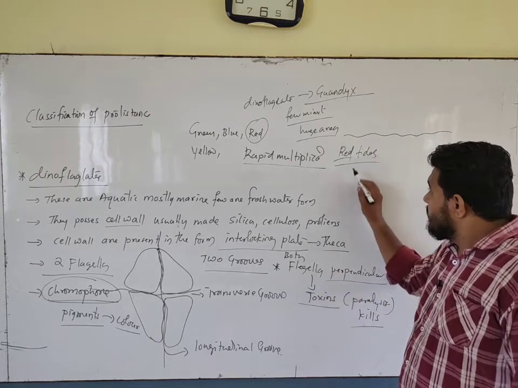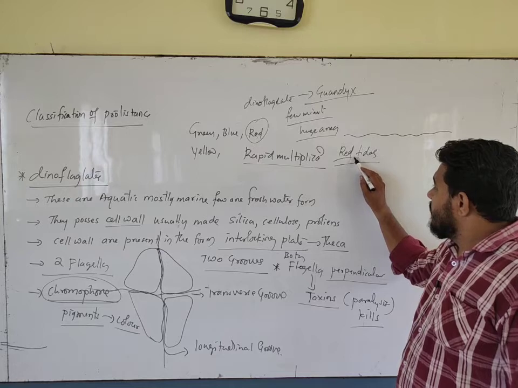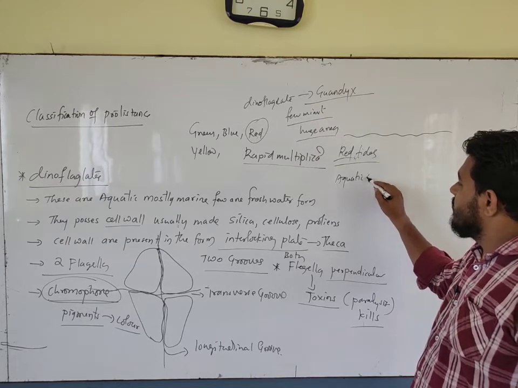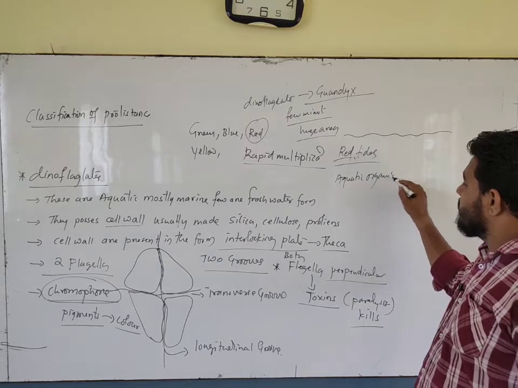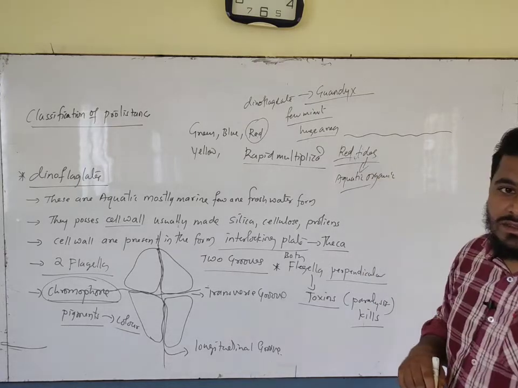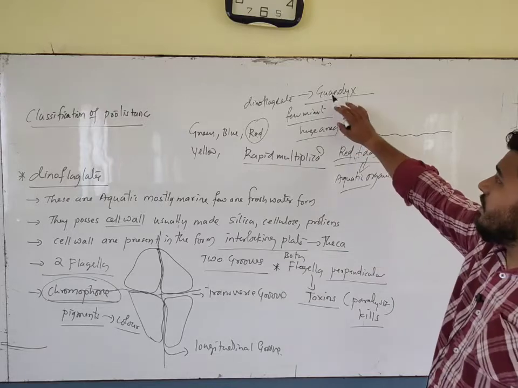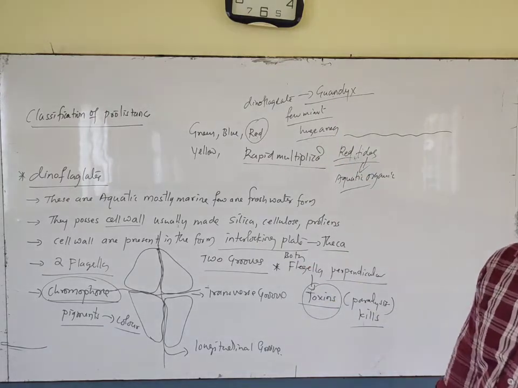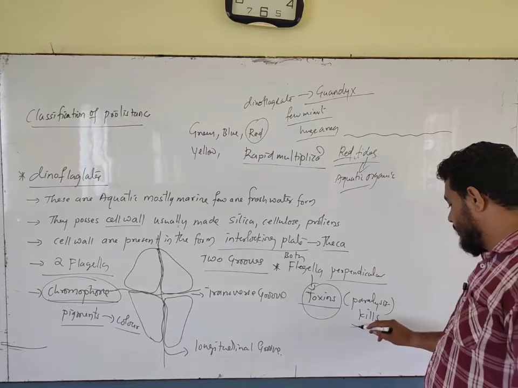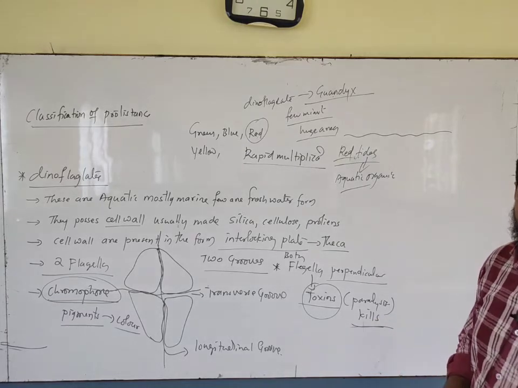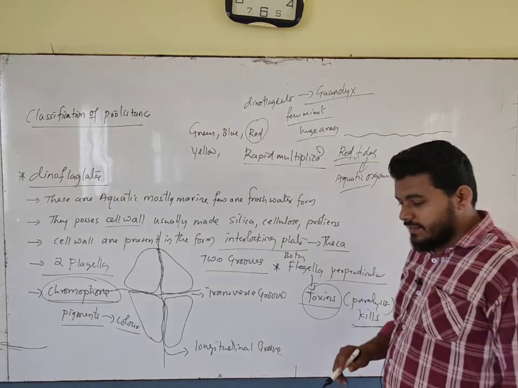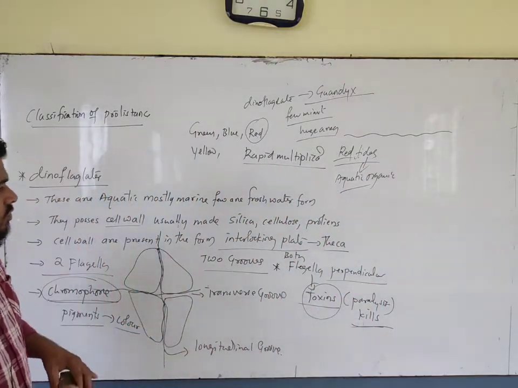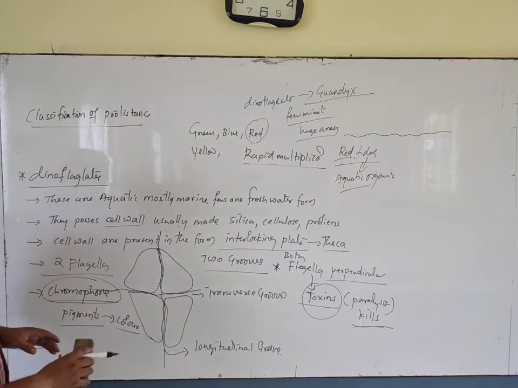Whenever these red tides come in contact with any aquatic organisms, they inject their toxins. As a result, due to paralysis, the aquatic organisms die. So this is about the dinoflagellates.